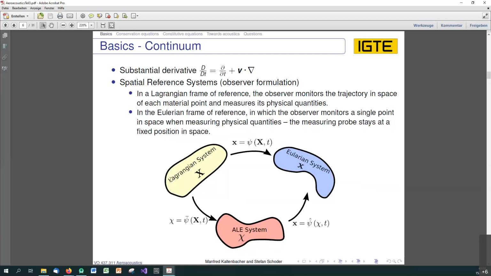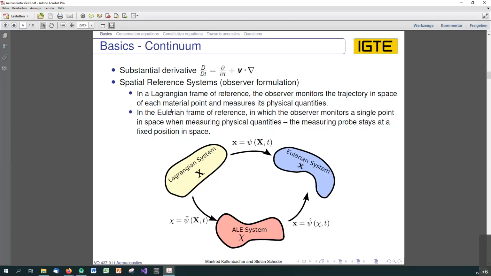So if the structure deforms, your grid goes more or less with it. This is Lagrangian. Eulerian means that you have a fixed background grid, and the physical quantity is traveling through the grid. So it's more or less the difference.